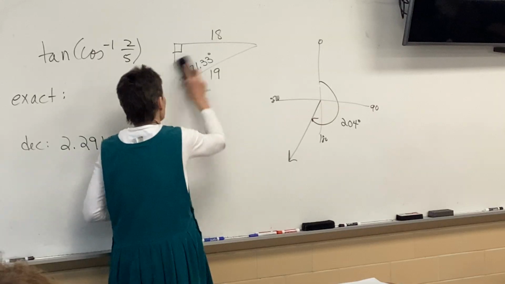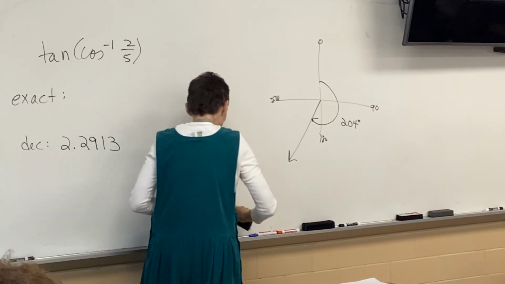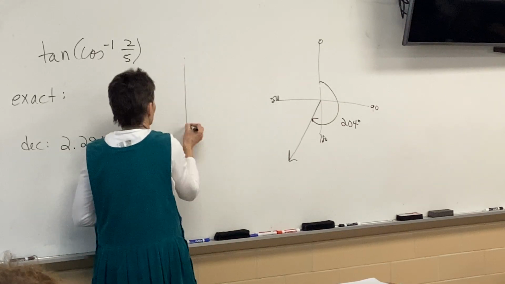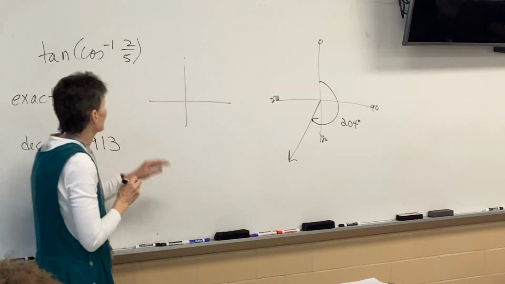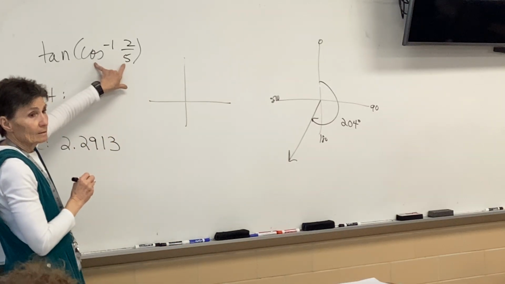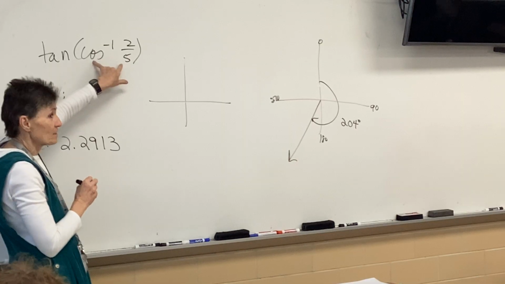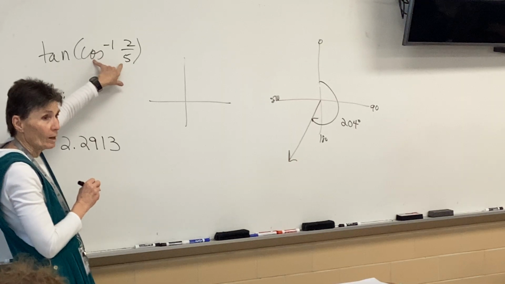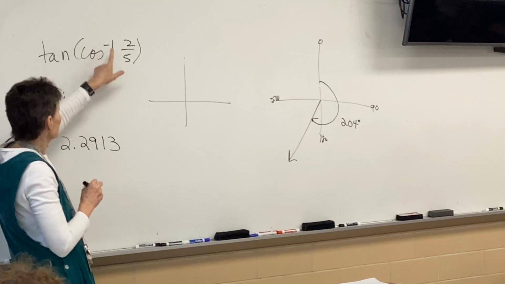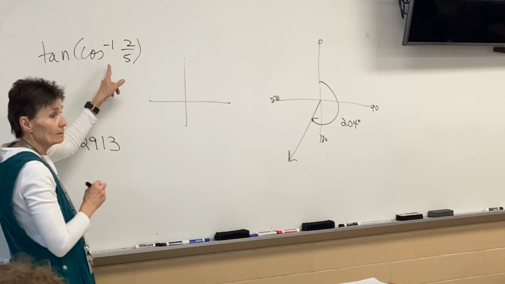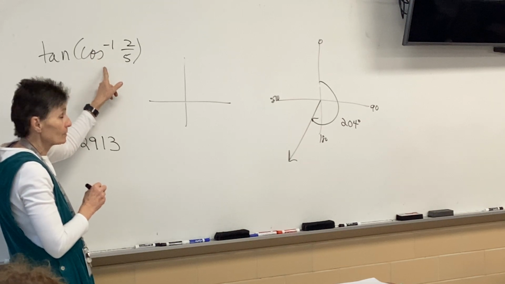So doing it by hand always means drawing a picture. See that right there? That's positive. So when I draw this picture, I'm going to draw it in quadrant 1. This notation means you're going to draw an angle.